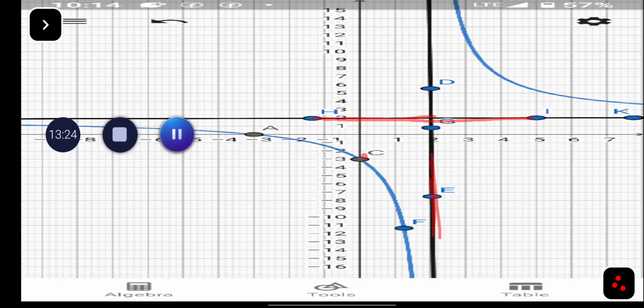Still on our variation table, after 2, f of x was positive. It left from positive infinity to 2. Positive infinity means above, on the positive y-axis. That's why we have our shape here above.